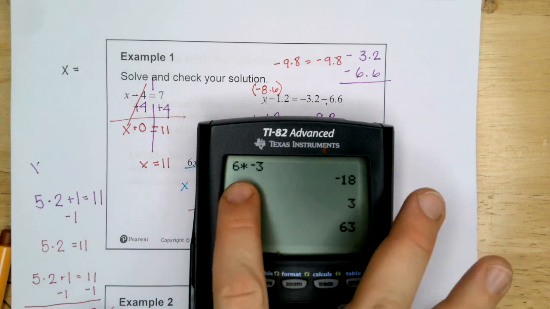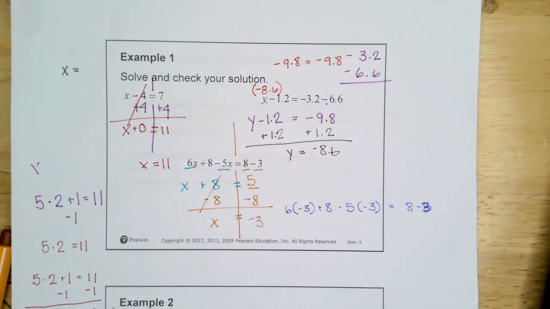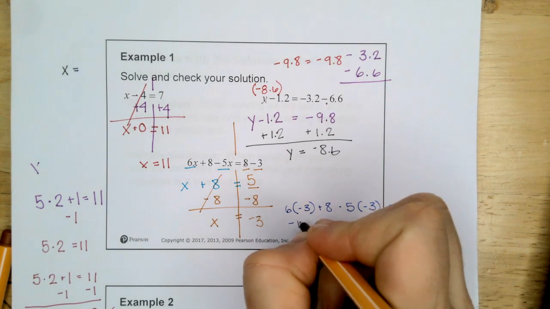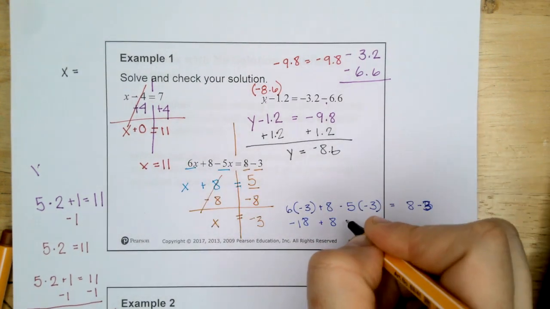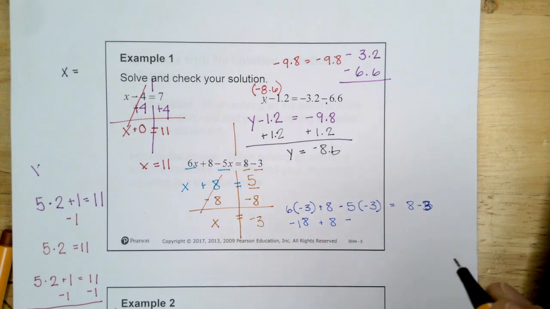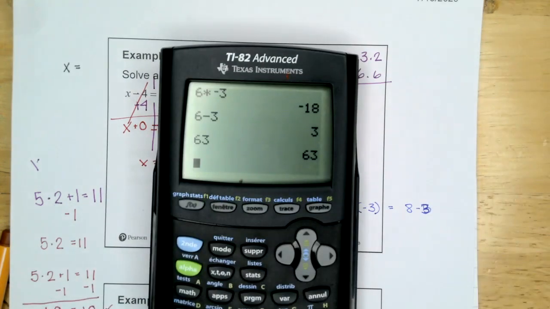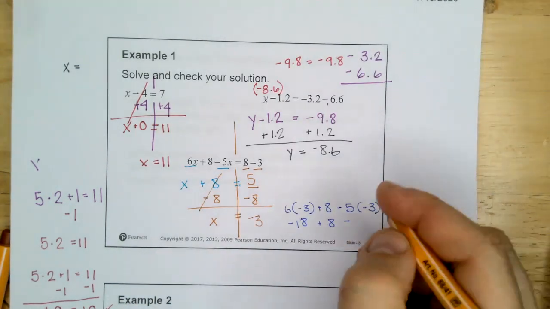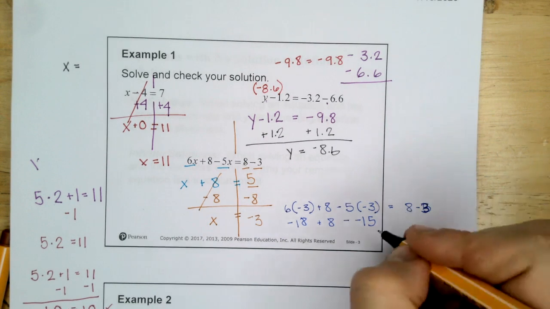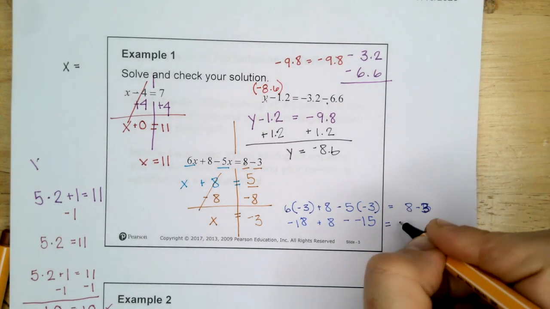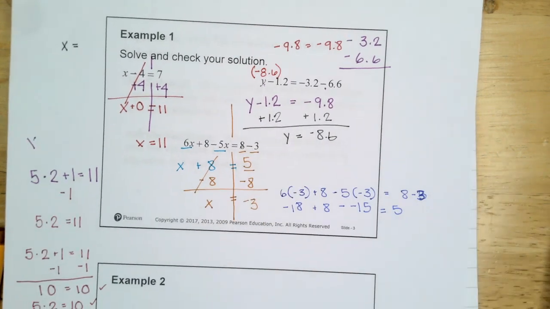All right, I'm writing 6 times negative 3, which is a negative 18, plus 8 minus 5 times a negative 3, or you can say negative 5 times negative 3 is a positive 15, or minus 5 times negative 3, which is a negative 15. So minus negative 15 or plus 15, right? And we know that x minus 3 is 5 because we already did it up here.